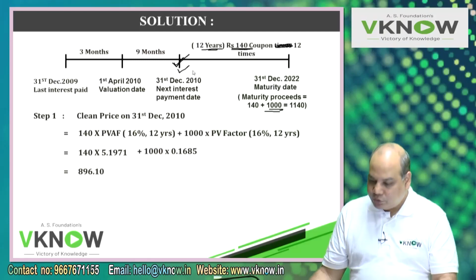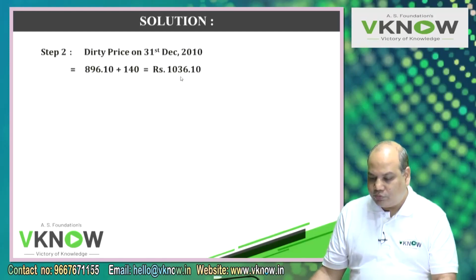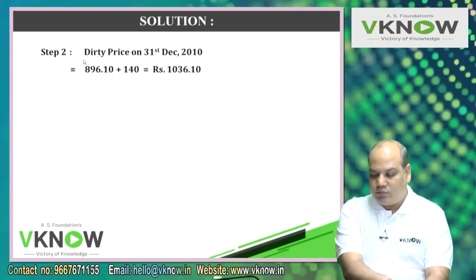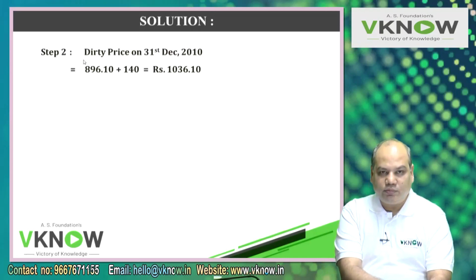896.10, correct? But remember, this 31st December 2010 coupon is also still due. We are right now valuing the bond on 1st April. So even the person holding the bond will receive the coupon on this date. So if I add that also, it will become dirty price. So step number 2, write down dirty price on 31st December 2010.